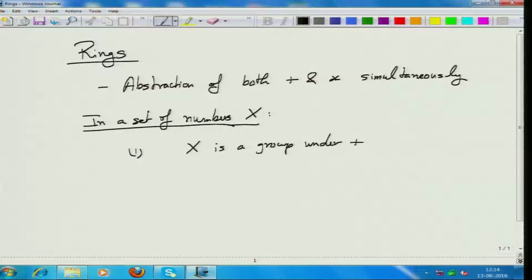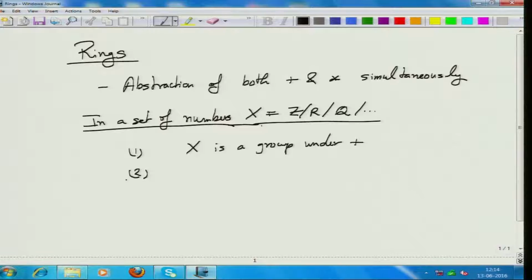Whether we start with X being the set of integers or the set of rational numbers or the set of real numbers, etc. It is a group under addition. And again, when I say group, I mean a commutative group. In fact, that's the reason why we abstracted out the group structure to begin with.